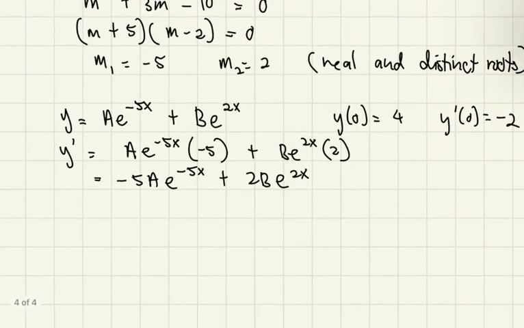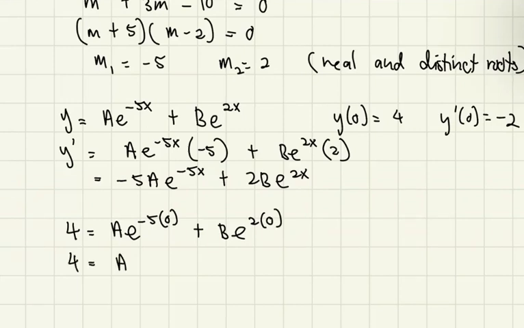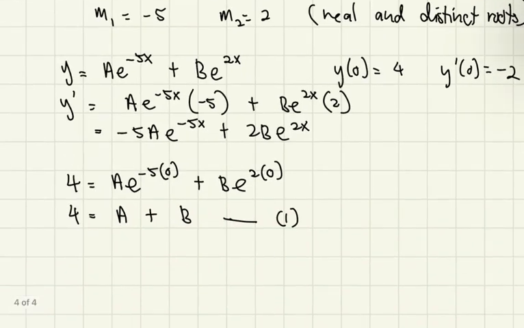Alright, substitute our initial values into these equations. So we have y(0) equal to 4. So 4 equals a e^(-5 times 0) plus b e^(2 times 0). So we have 4 equals a plus b, since exponent 0 is 1. So this is our first equation. Second equation, y'(0) equal to minus 2.